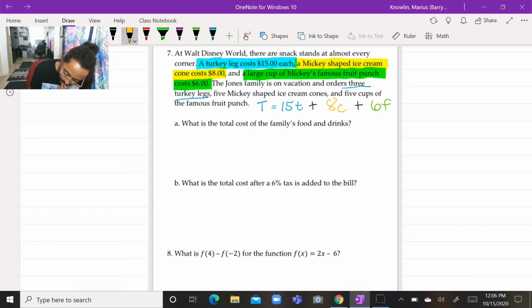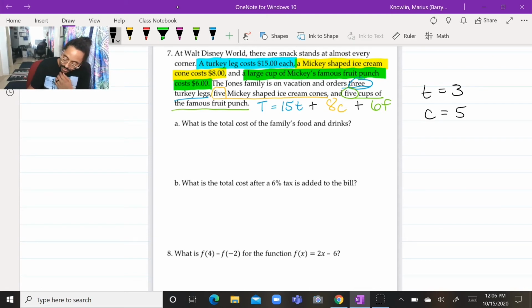In yellow, they got 5 ice cream cones, and 5 cups of famous fruit punch. So technically speaking, T is equal to 3, the cones C is equal to 5, and the fruit punch F is equal to 5 as well. Those are the number of items they got.